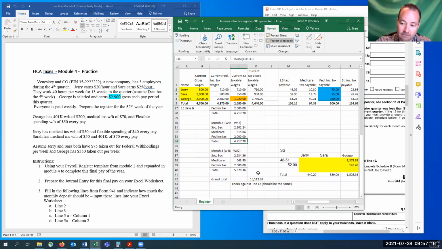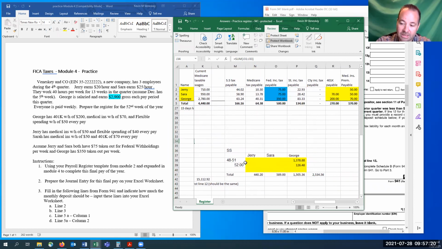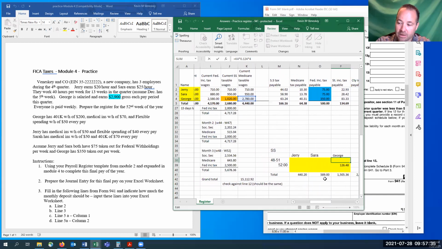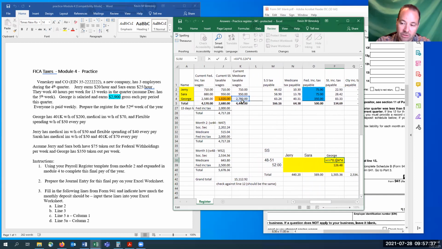Finally, we get down here to month 3. We've got our employees. George is the only one that hit the cap, but he did not hit the cap the first 4 weeks, only in that last 5th week. So what we need to do for George, we need to take, okay, what was his normal Social Security wage? Multiply that by the 12.4%.